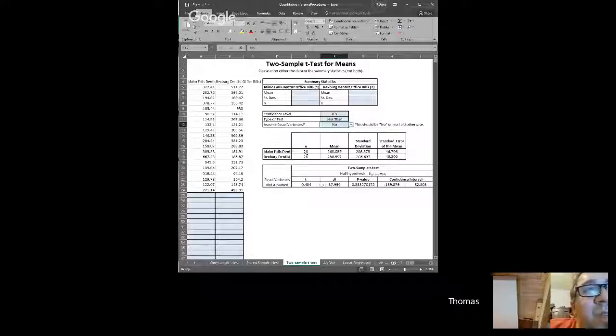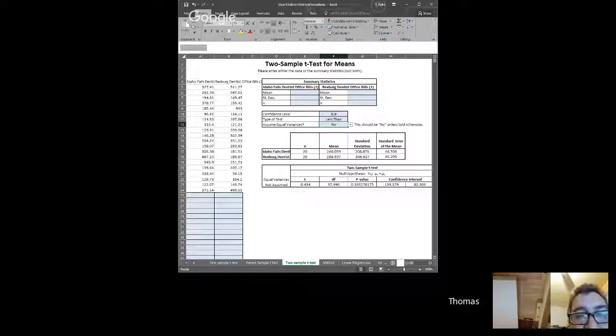So we plug in our Idaho Falls data into our 2-sample t-test, right? And our t-value is in cell E23.